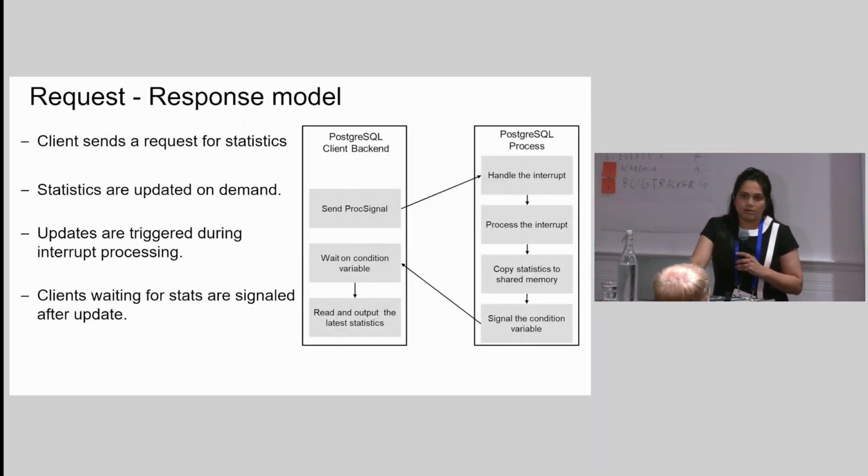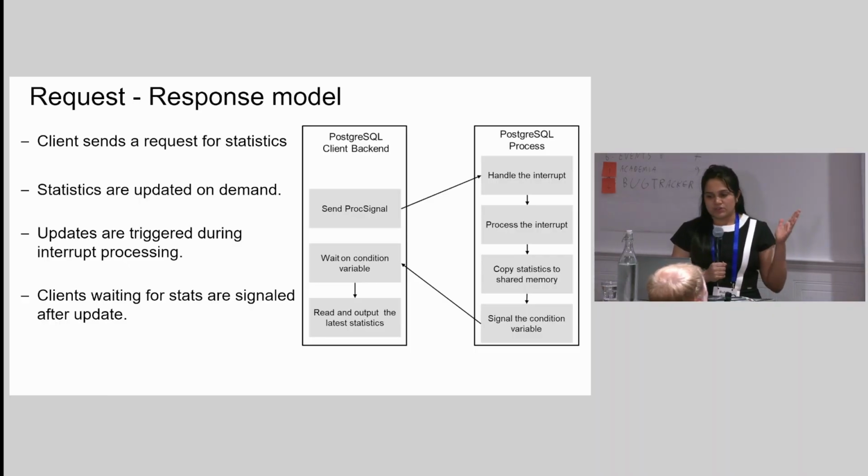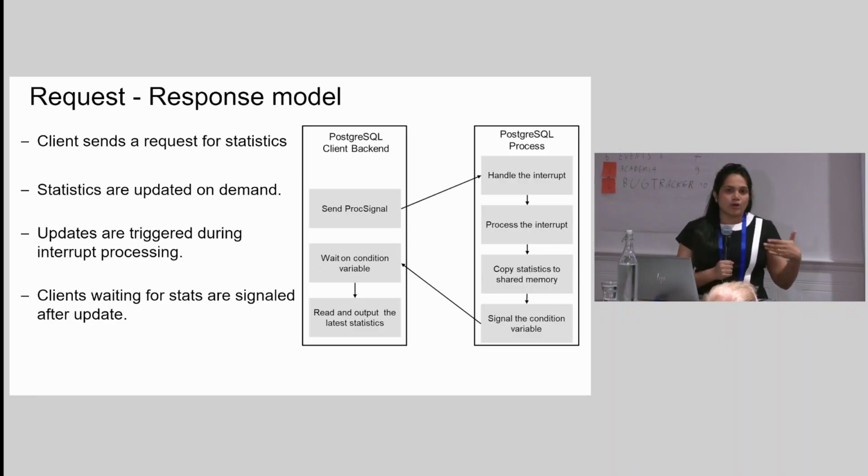I'll try to describe in this slide the overall flow of data in this particular function. What you see on the left is the PostgreSQL client backend, where a monitoring function will run. When you run a monitoring function, the monitoring function will send a proc signal.